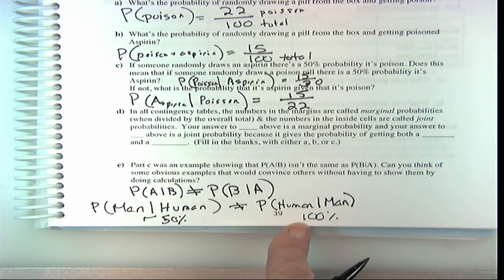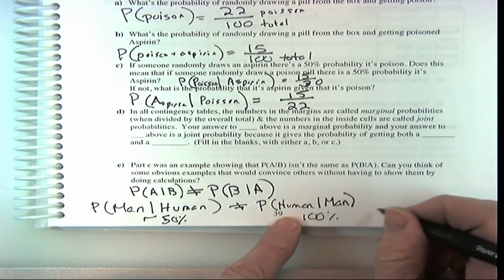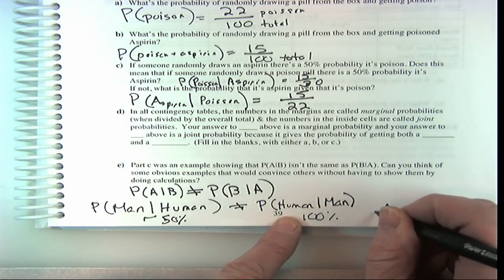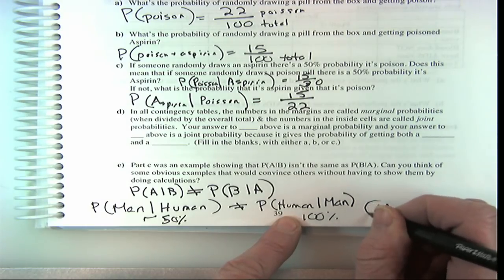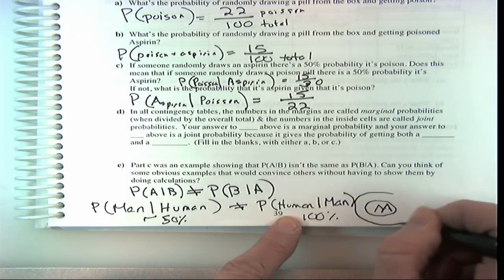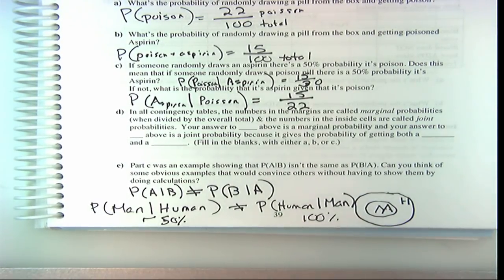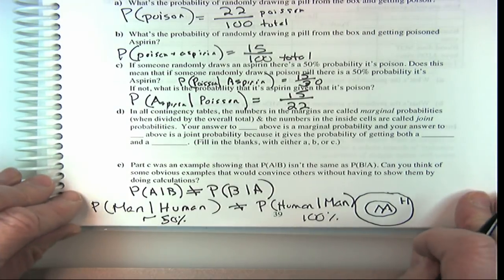So the picture for that would be what? You'd have A, like being a man, completely contained within human. So of course, they're not going to be the same. So when would they be the same?